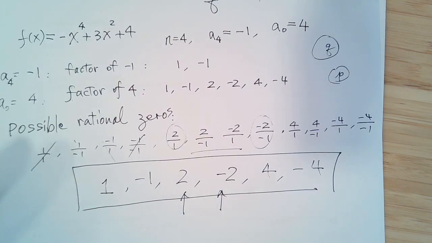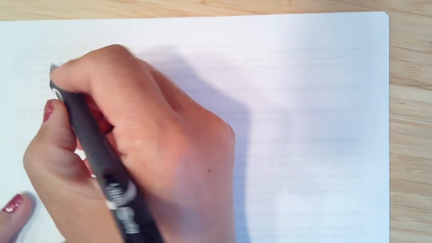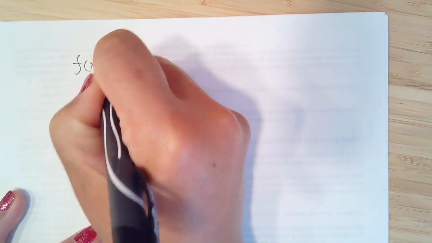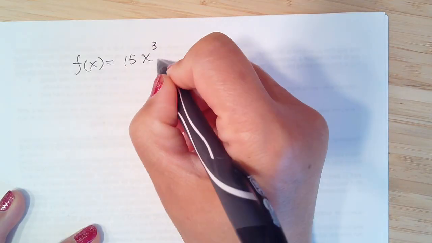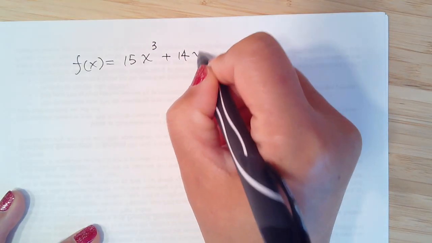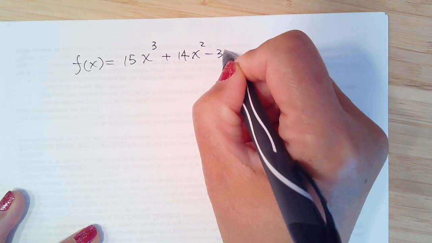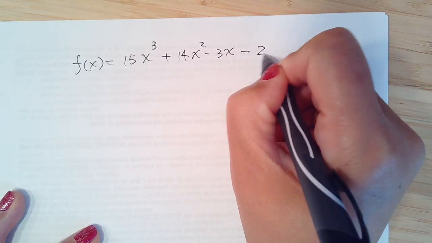All right. Now the next one, I give you this: f of x equals 15 x cubed plus 14 x squared. Did you notice I really don't care about all the terms in the middle?